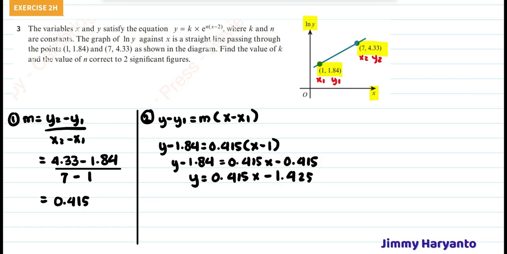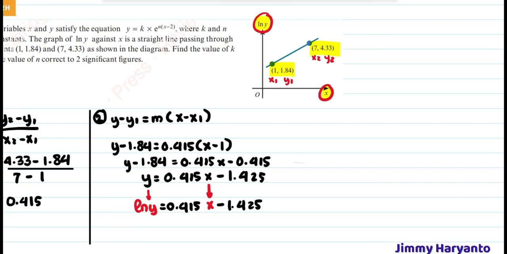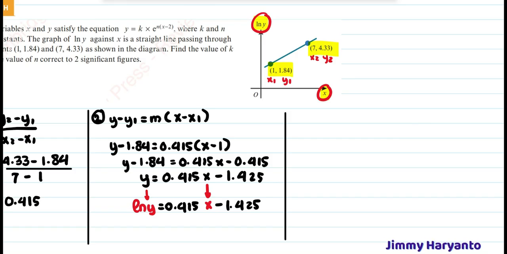1.425. Okay, because the axis is ln y and x, we have to change the y into ln y, and this one is still x, because the x-axis is also x, the usual x. Okay, and then after this we have to compare with the original expression.